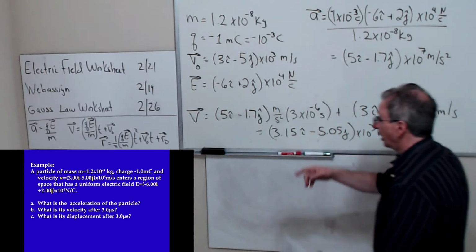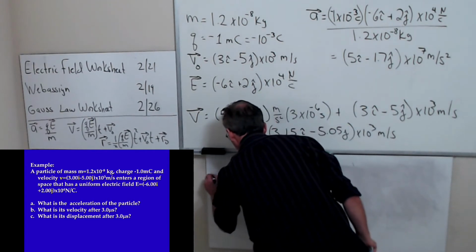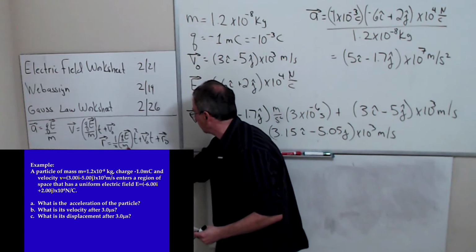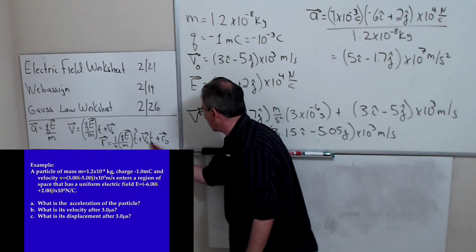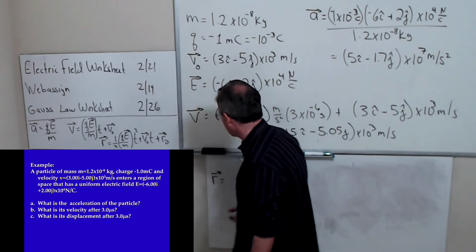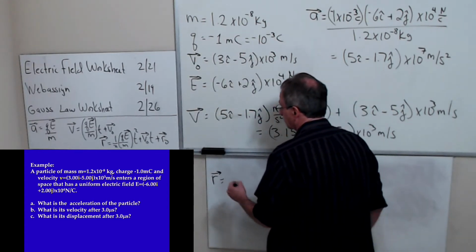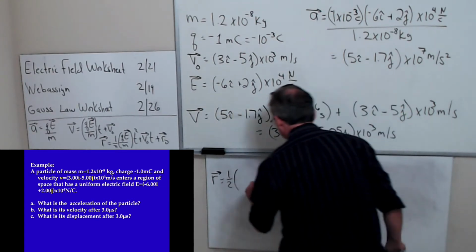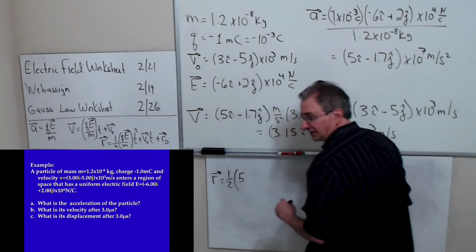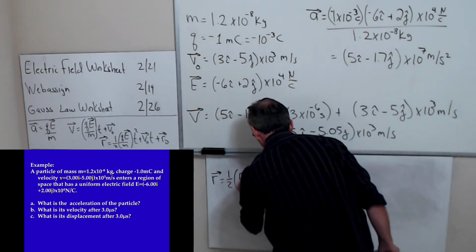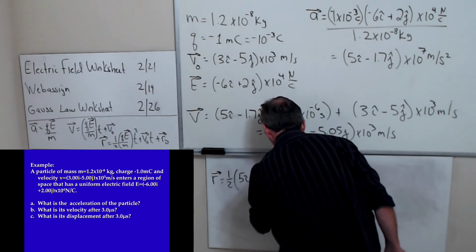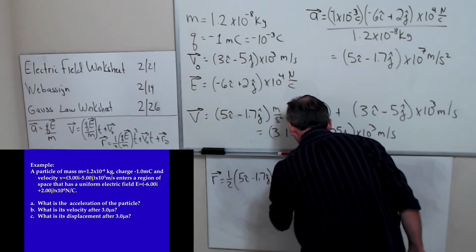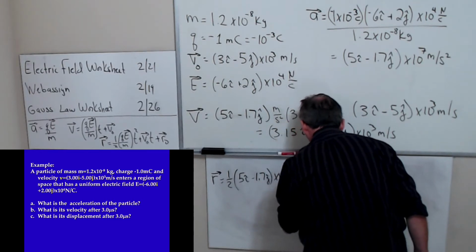Let's find R. And again, I'm just going to plug in values. 1/2 the acceleration times the time squared, plus the initial velocity times t, plus R naught. And so all I got to do then is write down 1/2 this acceleration, and again, it's after 3 microseconds. Our time is 3 microseconds.